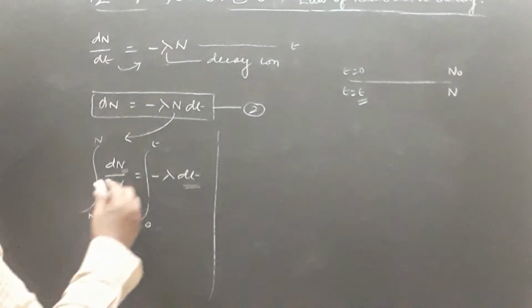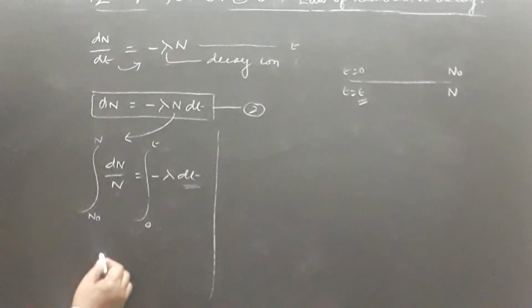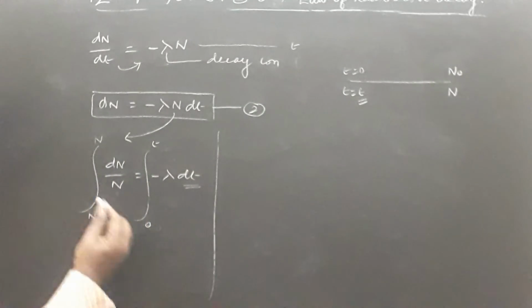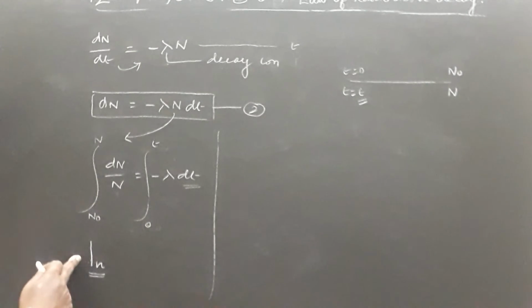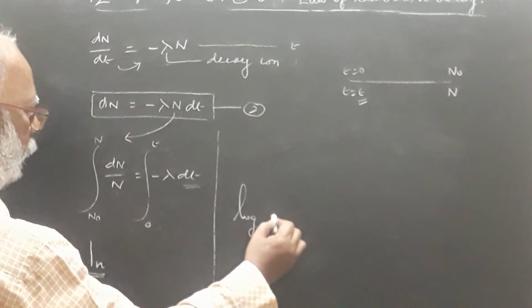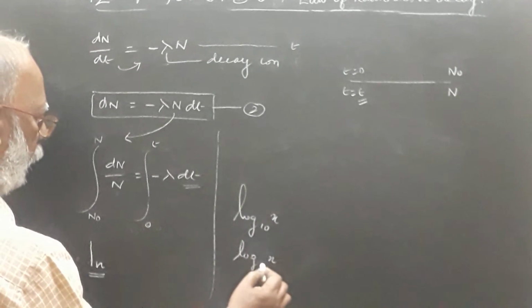When you integrate dN by N, the integral is the natural log, equal to log N. Log N is nothing but natural log, not ordinary log. Logarithm is by default log x base 10 or log x base e.